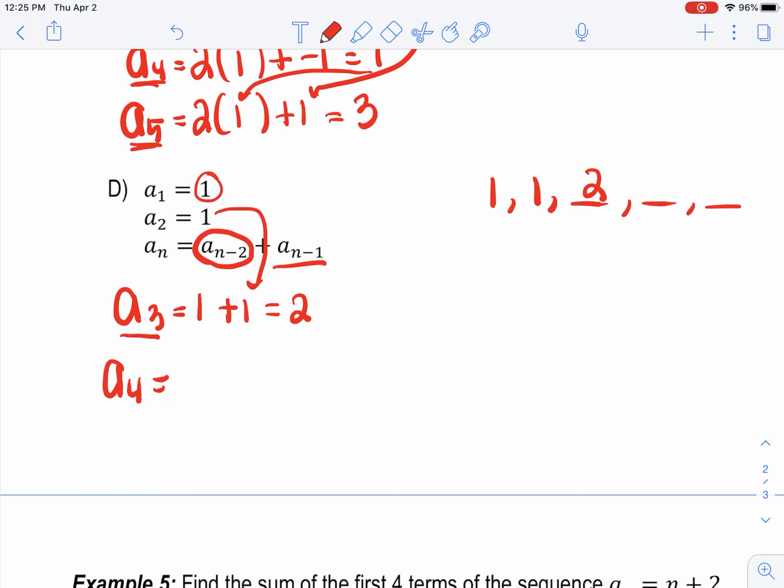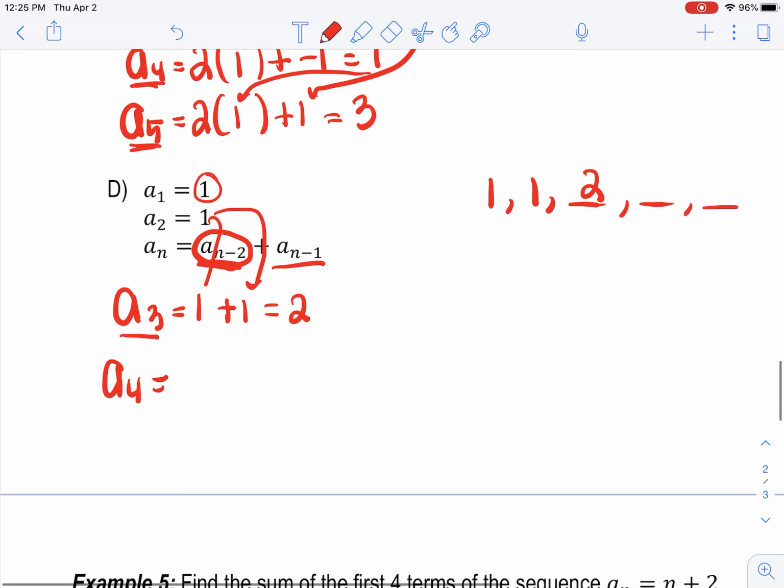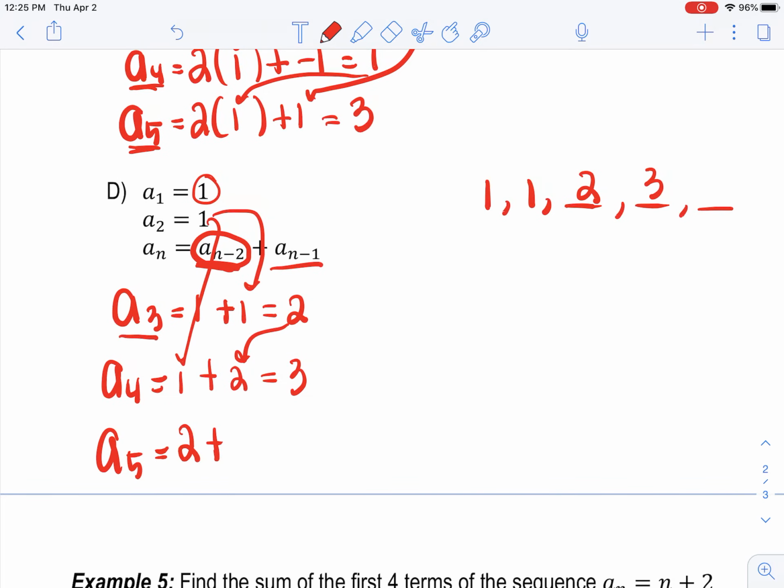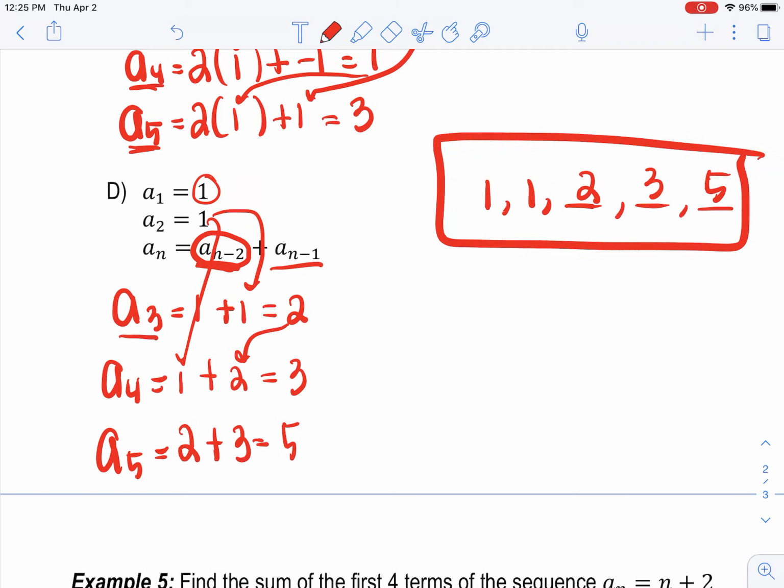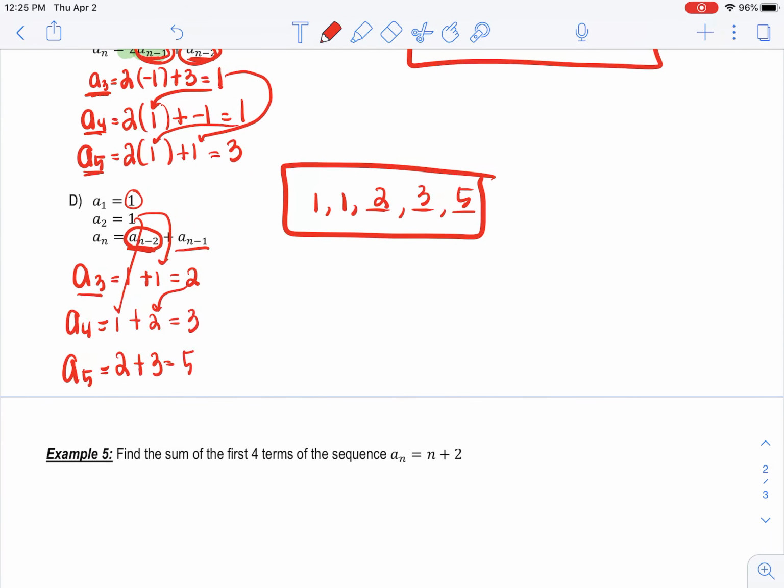A sub 4, take the 2 terms before that, so that's a sub 2, which is 1, plus the previous term, 2, 3. A sub 5, I want the 2 terms before that, so a sub 3, which is 2, plus the previous term, which is 3, I get 5. And there is your sequence.